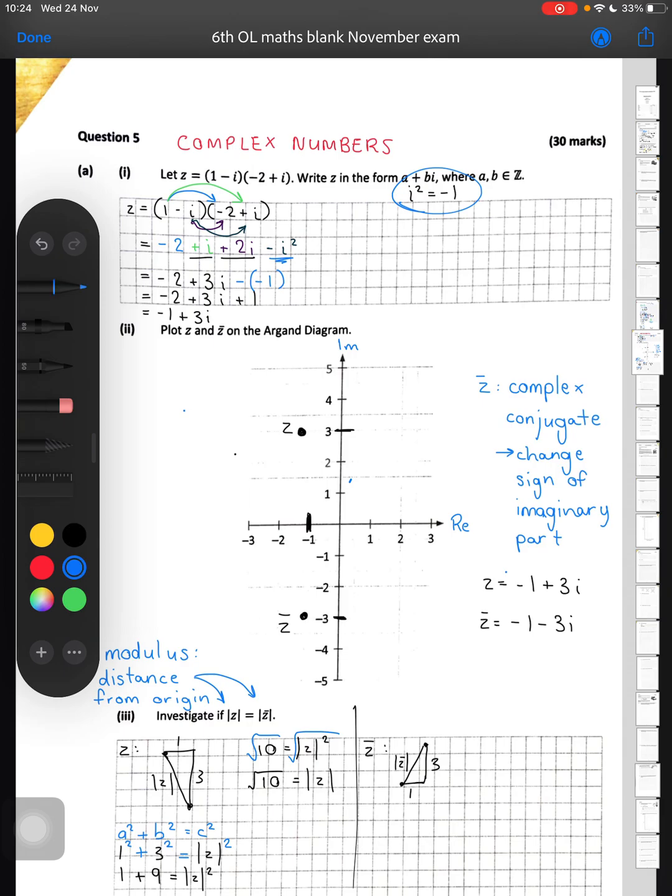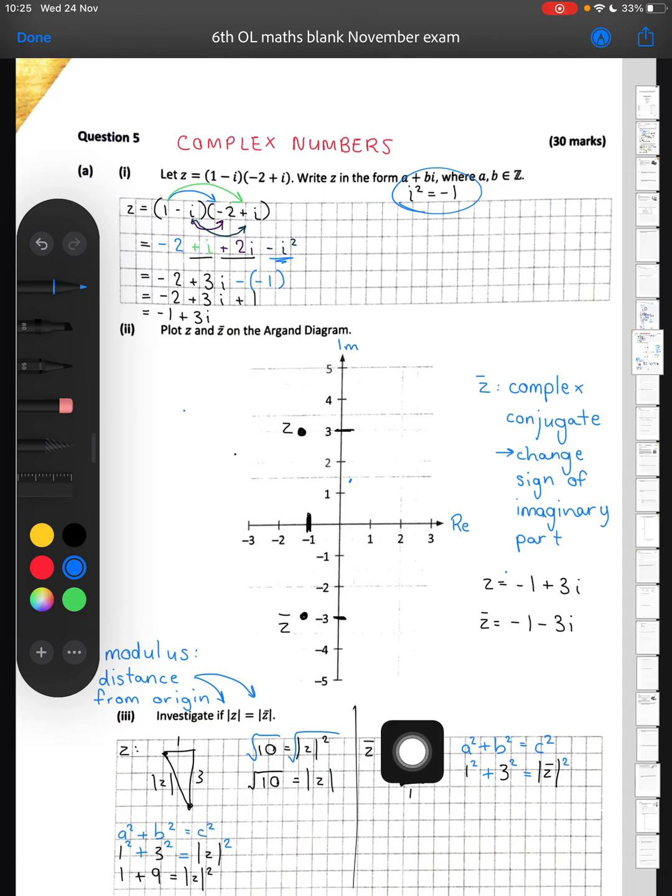So exact same thing again. We'll use a squared plus b squared equals c squared. So I have 1 squared plus 3 squared is equal to the modulus of the conjugate squared.